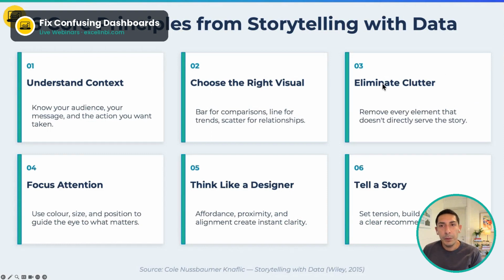Here are 6 principles from Storytelling with Data that I have reviewed in Cole's book. The first one I speak about is to understand the context of the business. Because even though you're really good in data visualization, you're really good at transforming data, you must understand the context of the business. You must understand what is important for them.